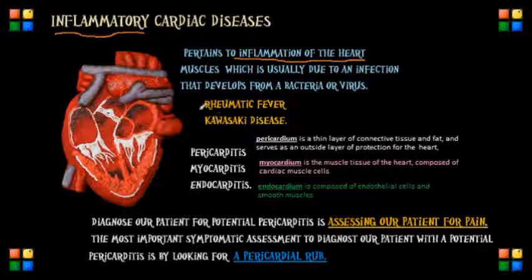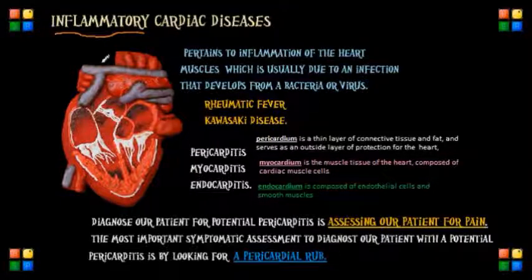Now, the three inflammatory conditions that you might mostly encounter in your NCLEX exam can be classified as either pericarditis, myocarditis, and endocarditis. First, let's go back to our anatomy, because this can help us understand these conditions in a simpler way.